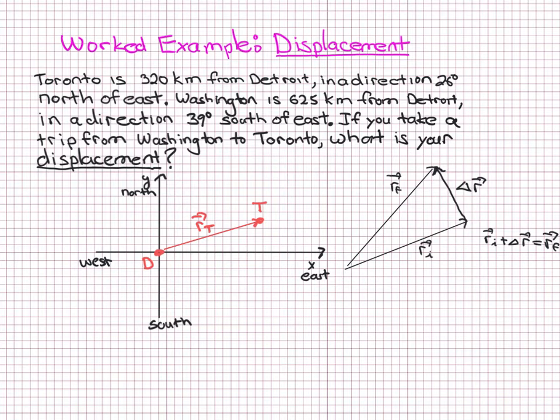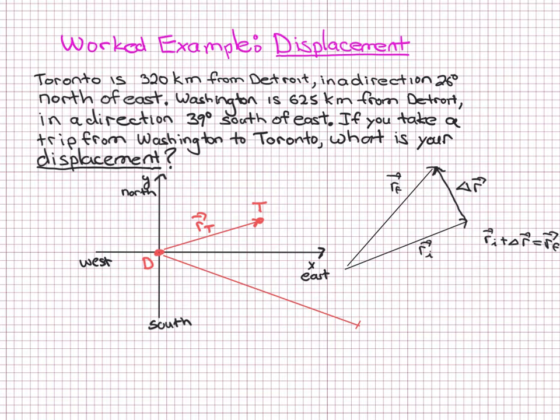Similarly, I'm going to draw a line from Detroit towards the direction of Washington, and we're told that Washington is 625 kilometers from Detroit. So I'm going to make this line a little bit longer, and the direction is 39 degrees south of east. So I'm going to try to make that look like something like 39 degrees here.